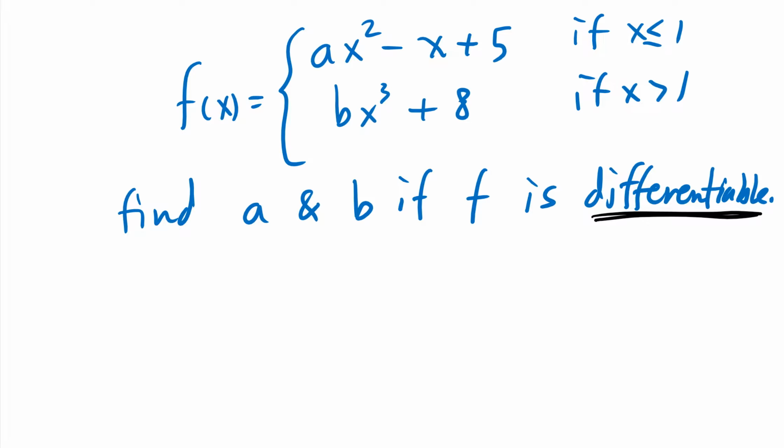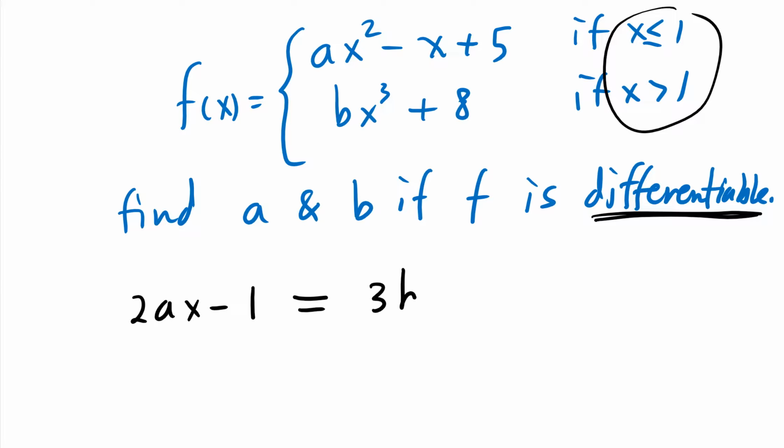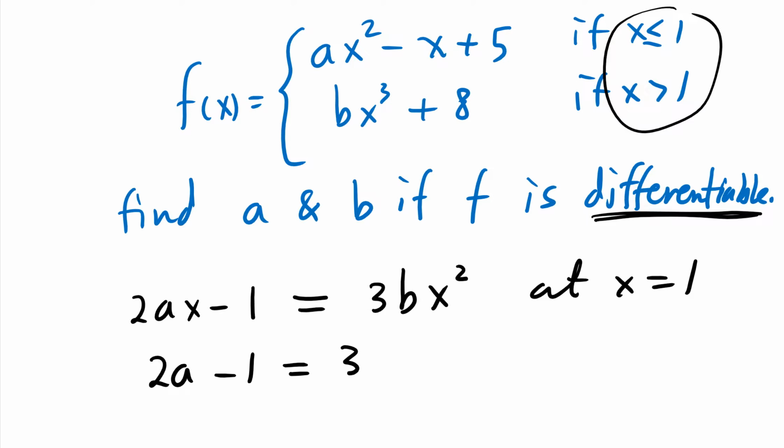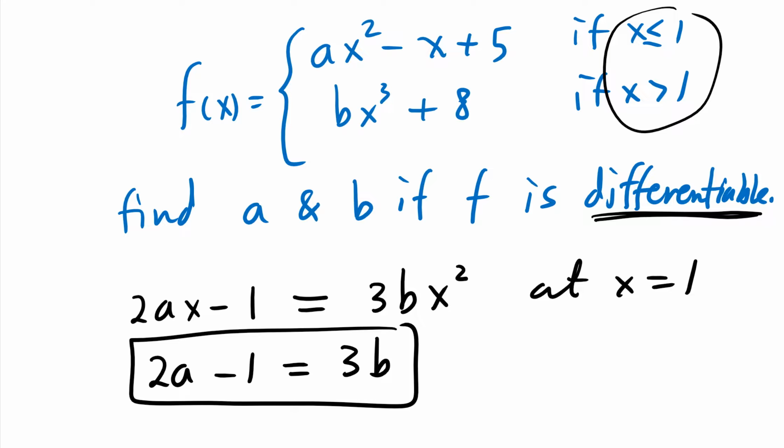Differentiability means that the derivative of each of these functions at x equals 1 should be the same. So if you take the derivative of the first function, which is 2ax minus 1, it should equal the derivative of the second function at x equals 1. If you substitute 1 here, you get 2a minus 1 equals 3b. That gives me an equation in a and b.